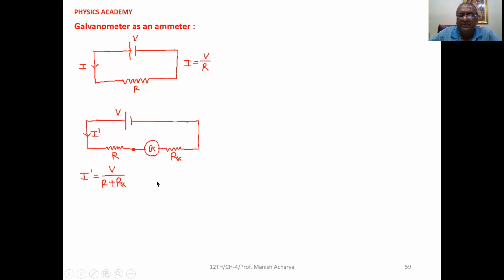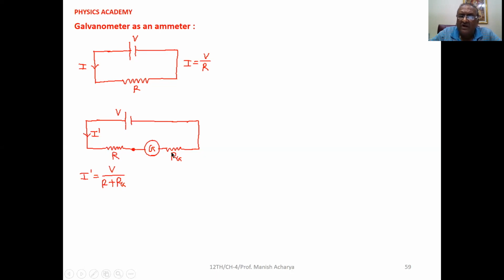But here what happens as soon as we connect the galvanometer in series with resistance? See here, this is the galvanometer. Galvanometer itself has some resistance of its own, which is represented by Rg.